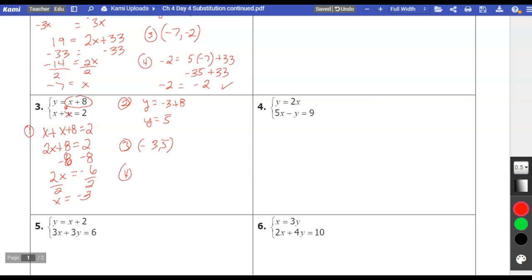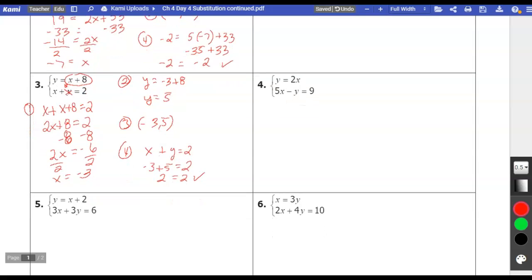My fourth step, check my work. So hopefully when I add these together, x plus y equals 2, negative 3 plus 5 equals 2, and yeah, negative 3 plus 5 is 2. They check.